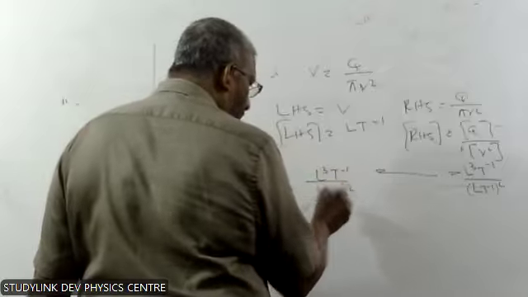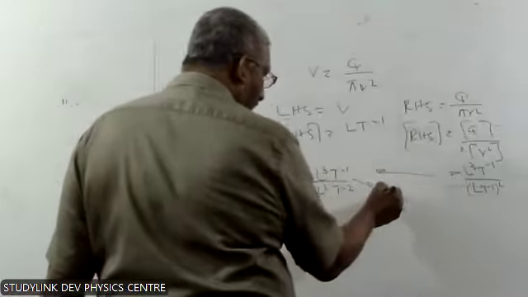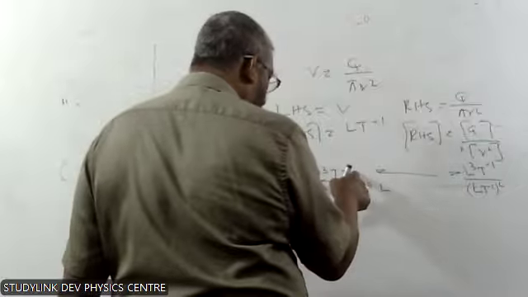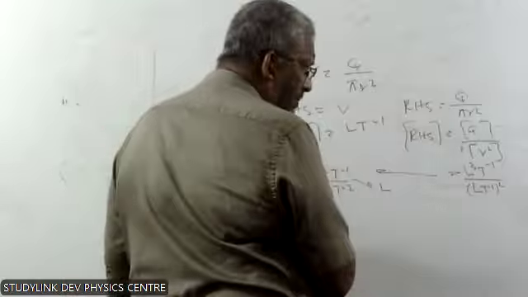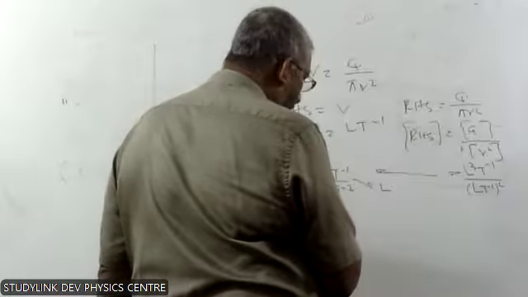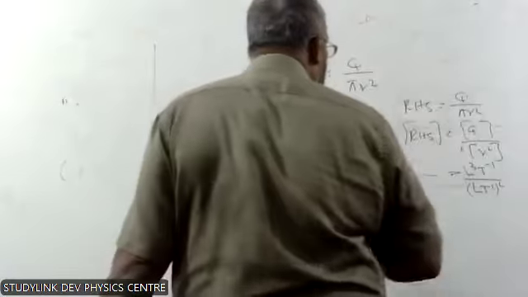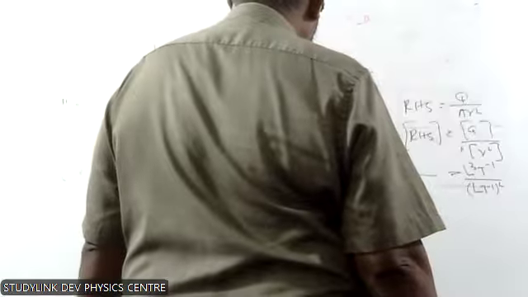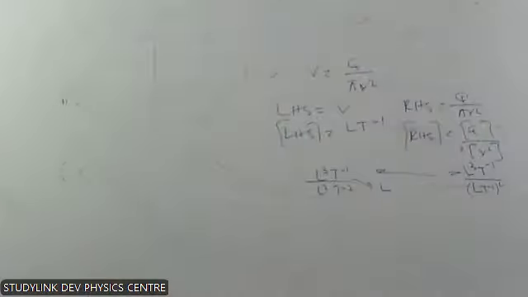Now L square is taken up, then you get L, and T minus 1 remains. Wait, there's a small issue. Wait, I'll check the cube.